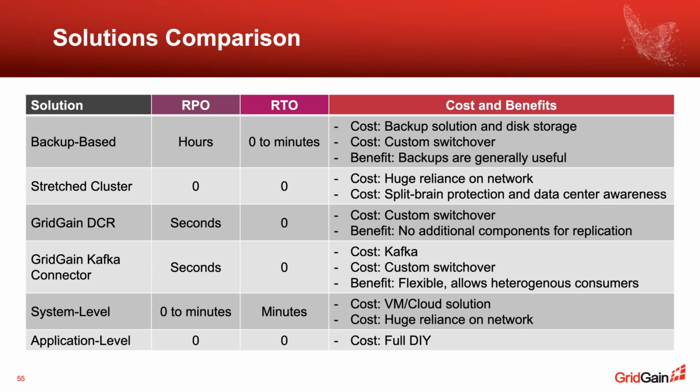Streaming options are a good middle ground, and data center replication is great as it works out of the box, while Kafka Connector allows even more flexibility, such as having heterogeneous consumers.